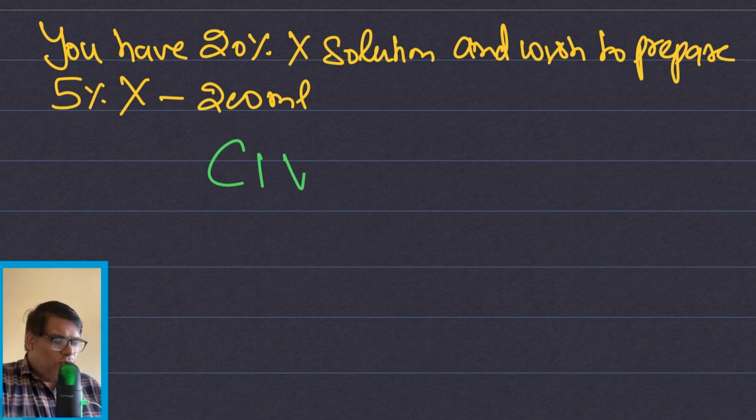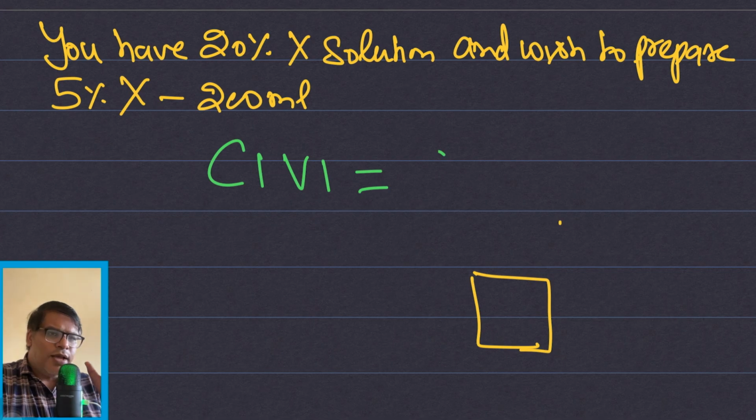So here you have to use this relation, C1V1 = C2V2. Here you are going to have a stock solution, and from the stock you have to prepare the working solution.